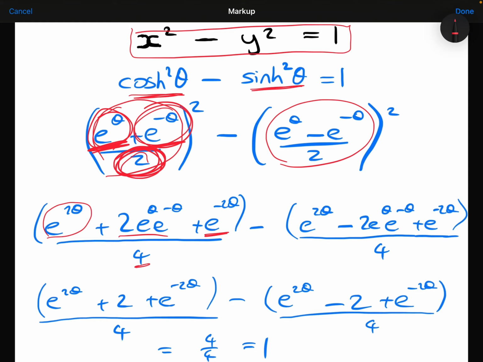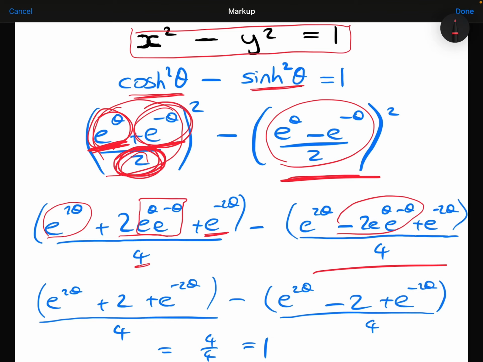Then I've expanded the same bracket over here. The other thing to note on the next stage is that e to the theta times e to the minus theta will cancel out. And so this middle term will just be 2. And similarly over here, this middle term will be minus 2.